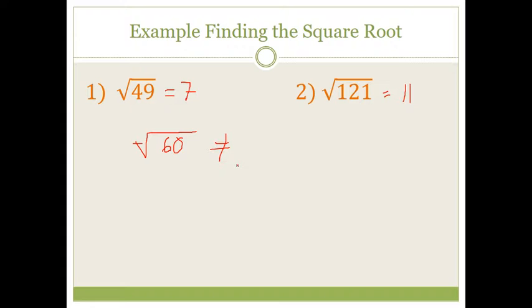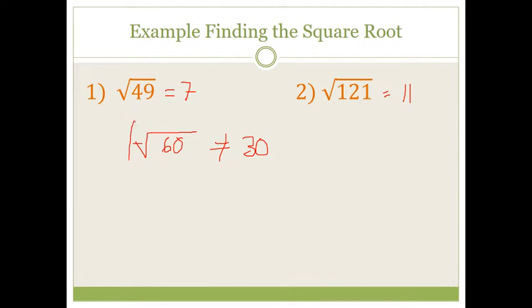Well, some other students will go, well, 60 is 6 times 10, so maybe the square root of 60 is 6, or maybe the square root of 60 is 10. That doesn't work, remember, because it has to be the same number that multiplies to be 60. So when I write this equal sign with a slash through it, it means not equal.